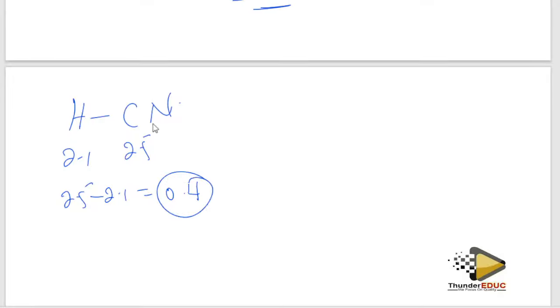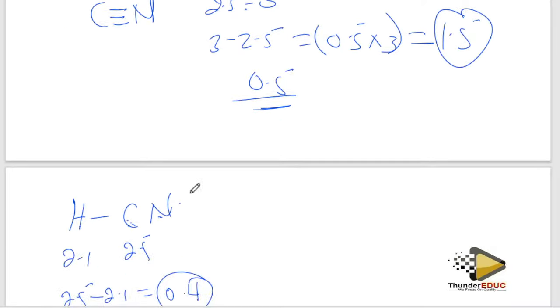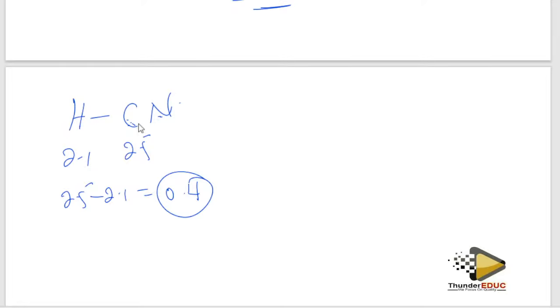Cool. What about now? We said that the answer is 0.5, but it has 3 bonds, meaning these 3 bonds are going to have 1.5, so this 1.5 is not equal to 0.4. If they were equal, then it would have been non-polar because the difference is 0.